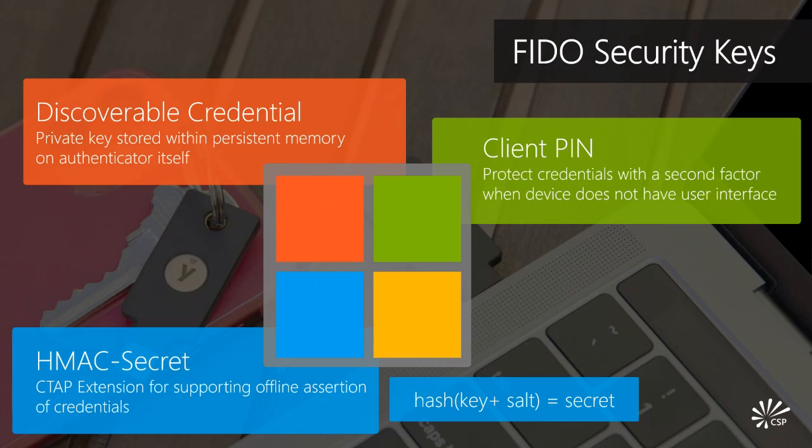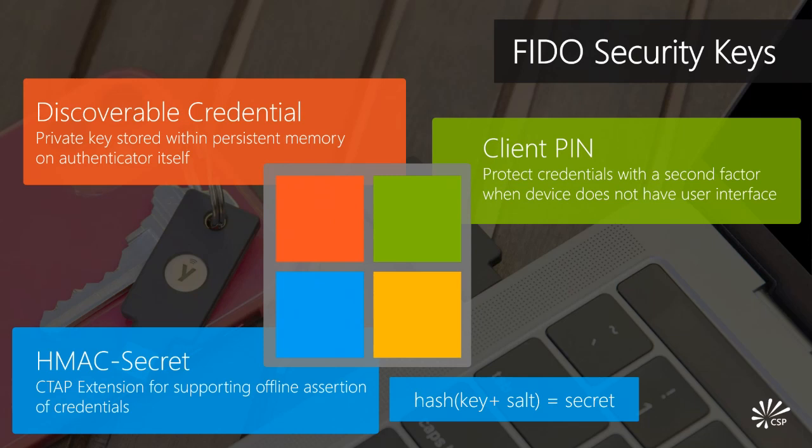To fully understand how this works, we might have to dive into a deeper discussion on encryption methodologies, which we're not going to do today. But to describe it as simply as possible, when an asymmetric key pair is registered as a new credential to be used against Azure AD, so I register for my passwordless credential using my FIDO key, this extension causes the authenticator to also create a symmetric secret with the client that's being registered on.